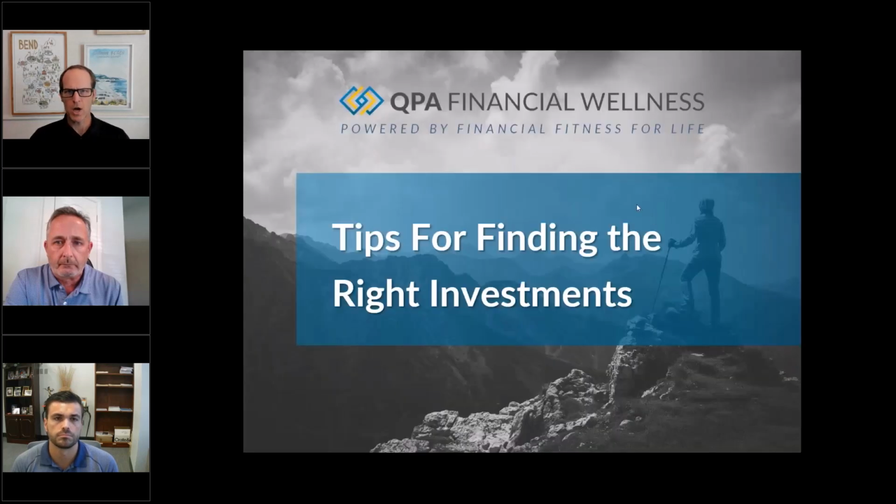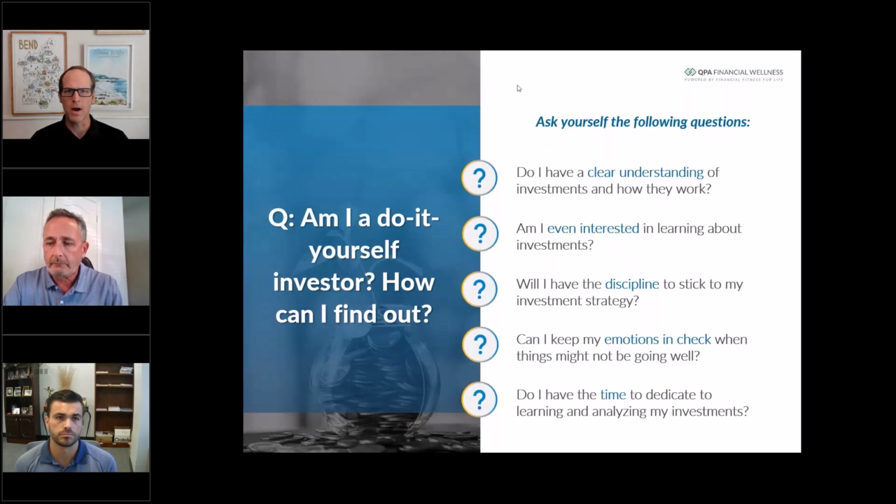Excellent. Well, thank you, John, for walking through those first couple of questions. Now I want to turn it over to Josh, where we're going to talk a little bit more about some of the specifics. So now that we understand a little bit better asset allocation, diversification, and managing risk, and understanding some of the different levels of risk with different investments, the first question that we're going to talk about here is, am I a do-it-yourself investor?